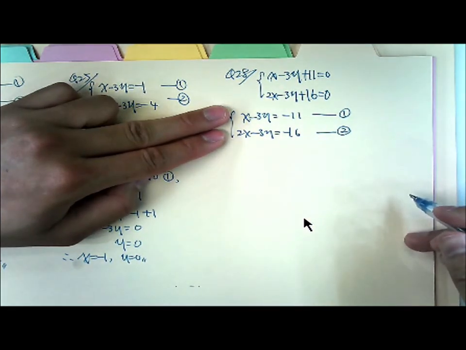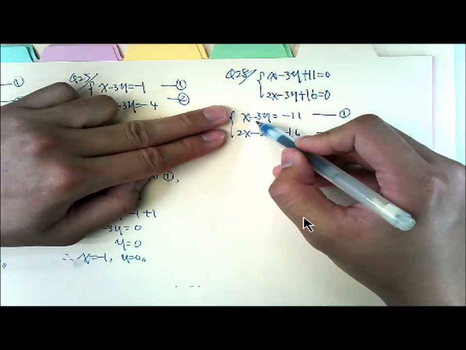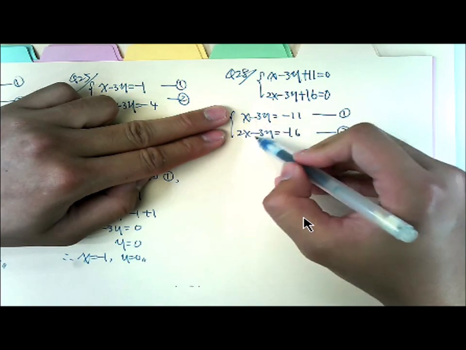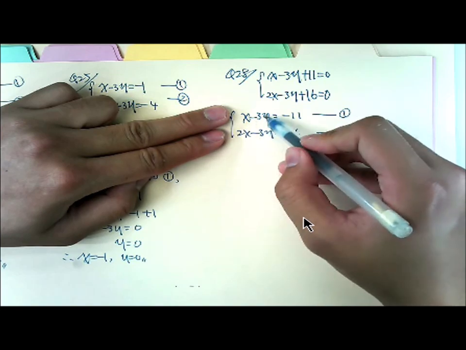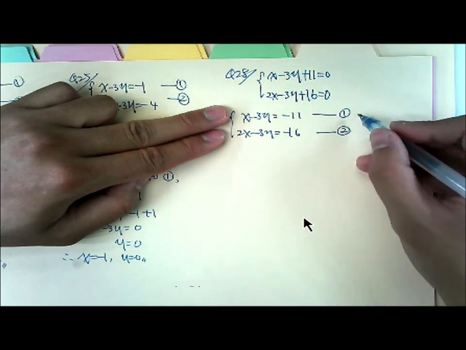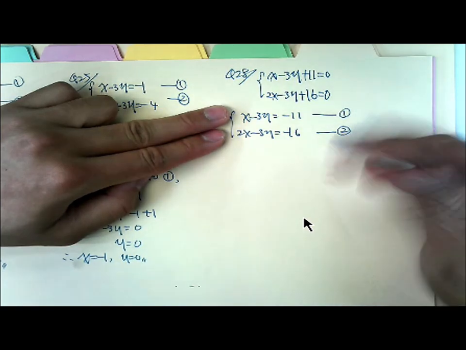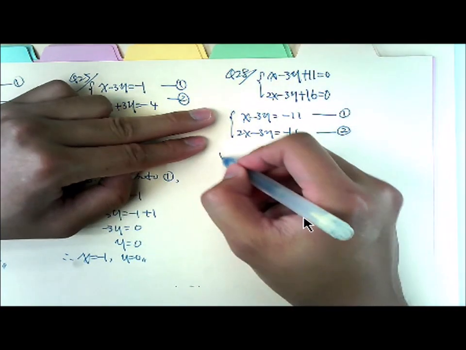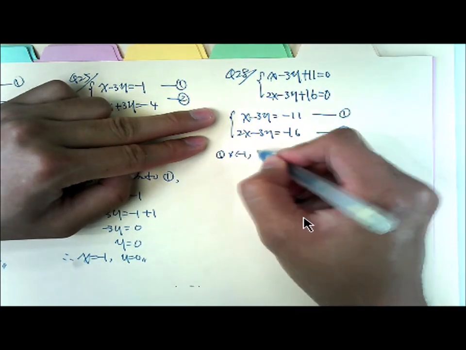Understand? So are there any opposite terms there? No. But look here, minus 3y and minus 3y. If one of them is positive 3y, that would be perfect, right? So you choose one of the equations to times minus 1. I will choose 1. 1 times minus 1.